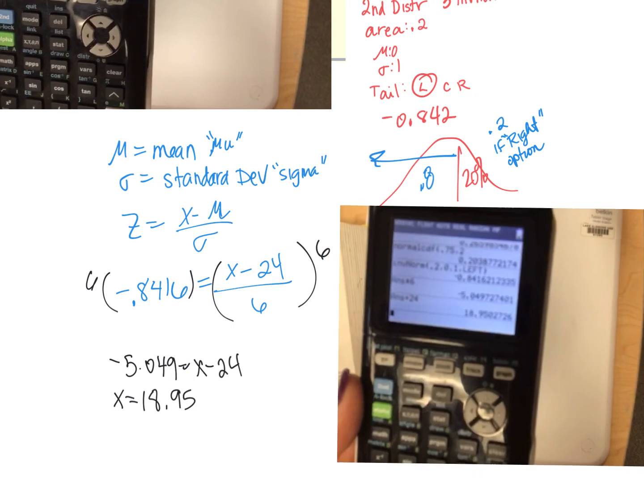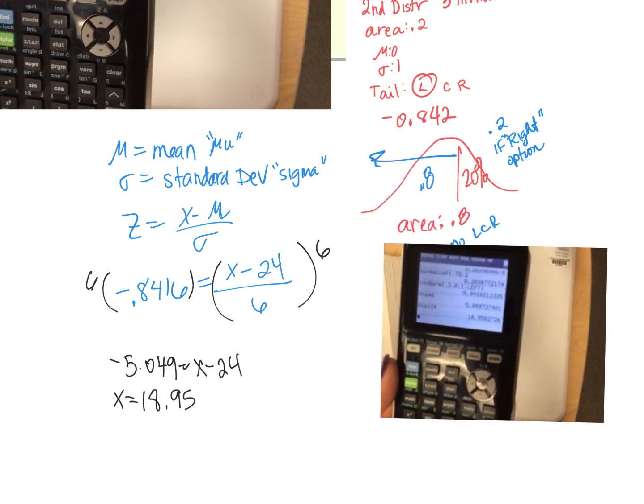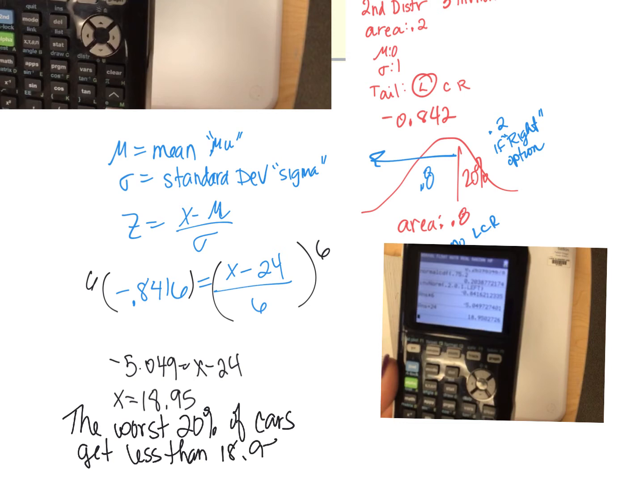Hold on. Move that out of the way. So the worst 20% of cars get less than 18.95 miles per gallon.